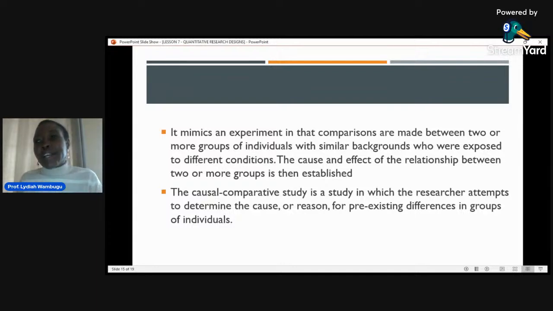Maybe I would want to give an example. If I wanted to find out if soft drink cause weight gain, I will identify my group, 50 people here and 50 people here. This is just an example. And then one group, you take the soft drink for 1 month without taking anything else.